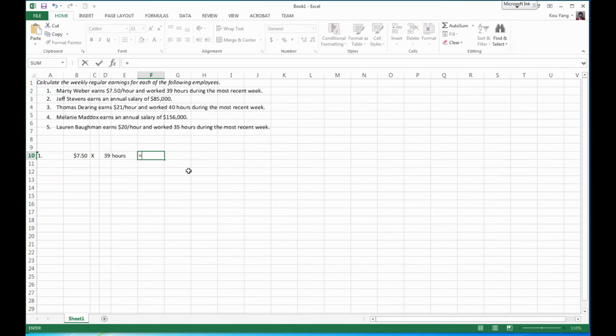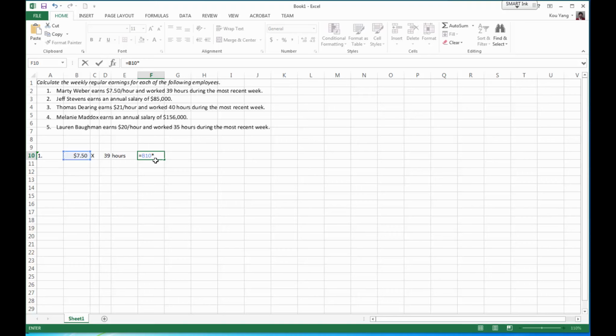For my formula, since I have it in Excel, you can go ahead and follow this too. Excel is like a huge calculator. You can do your formulas or your calculation right in Excel. I have the pay per hour and I have the hours here, so I can put in equals. In Excel, you have to type an equal sign to tell Excel that you want to do this calculation. So I take $7.50 by clicking on that cell, which is B10 there. Then multiply.